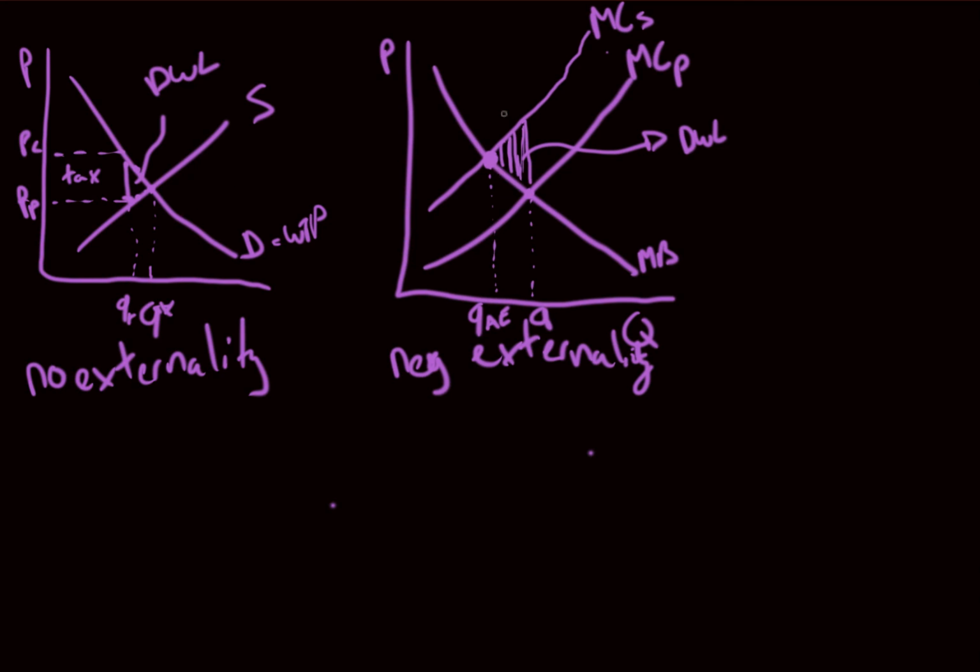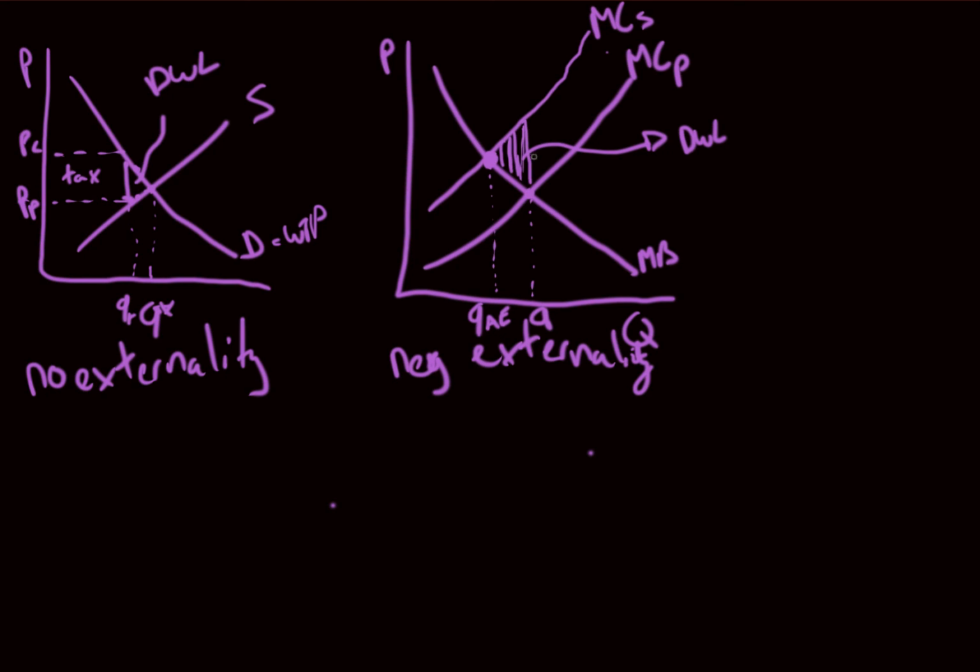Here, with no government intervention, we actually end up with a deadweight loss. Whether we're dealing with a positive or negative externality, it's just going to be flipped a little bit. We still end up with the same situation. So the deadweight loss occurs when there is no government intervention because we're producing the wrong quantity.